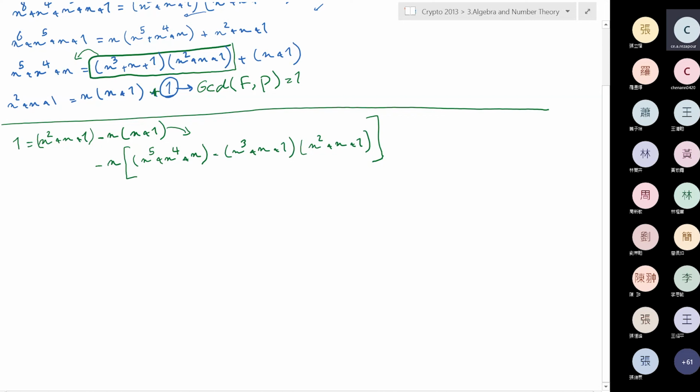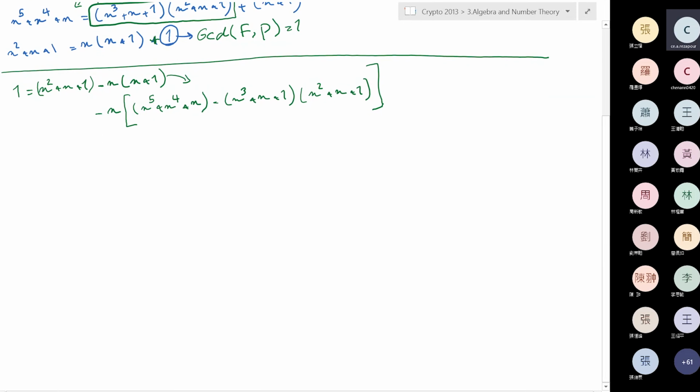All right, so remember that in the extended Euclidean algorithm, we don't want to really do the math. We just want to keep everything as it is, as a coefficient, and try to summarize them.